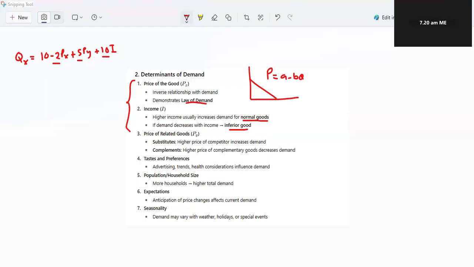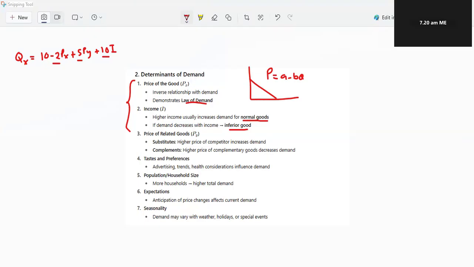So this -2 means that there is a decrease in demand when the price of good X goes up.